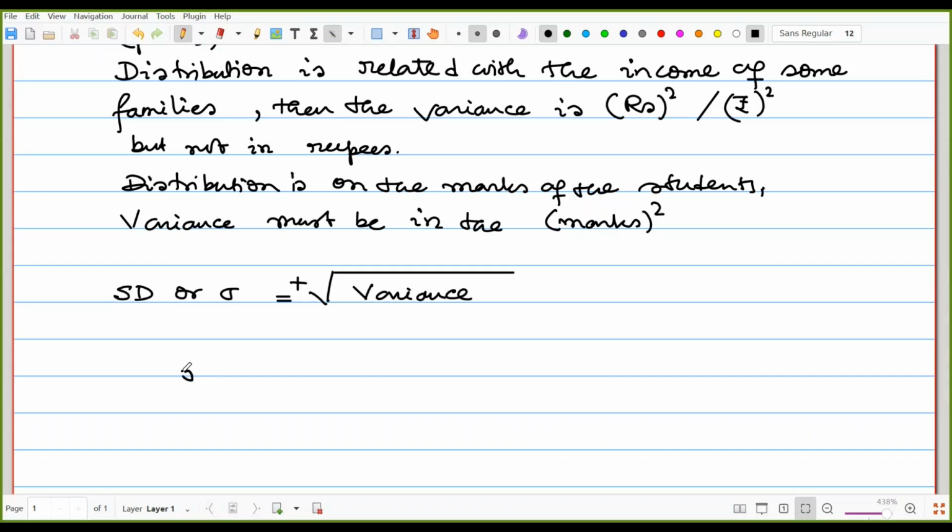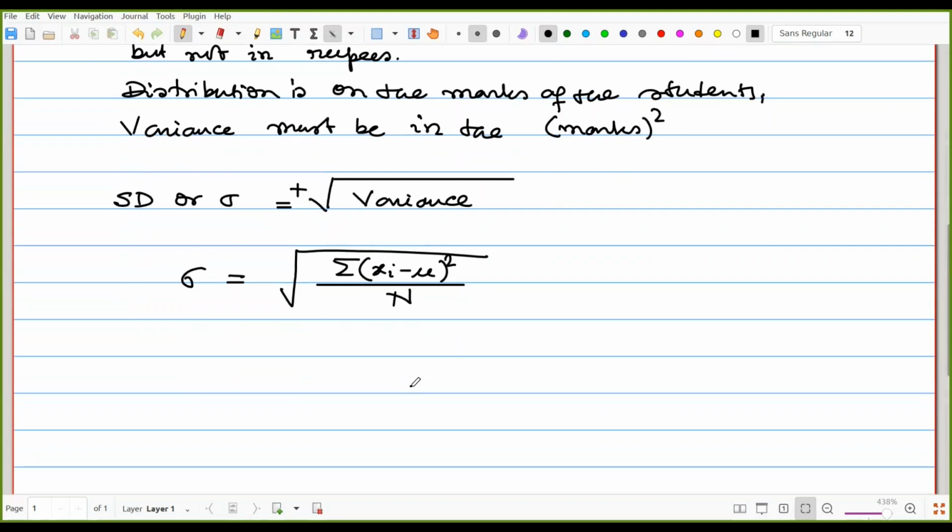So we can write sigma as square root of summation of xi minus mu whole square divided by n. Up to now, whatever problems we have done, that's the formula.